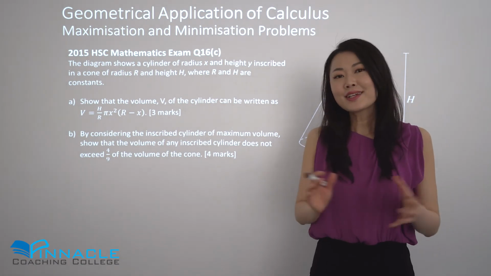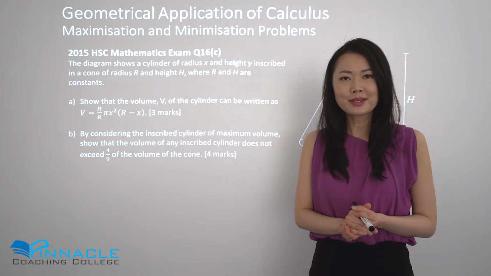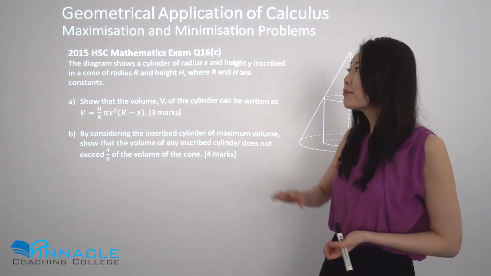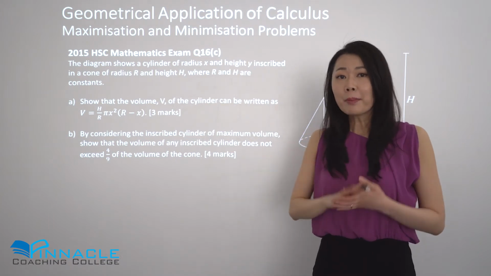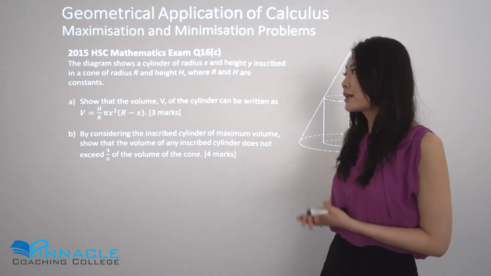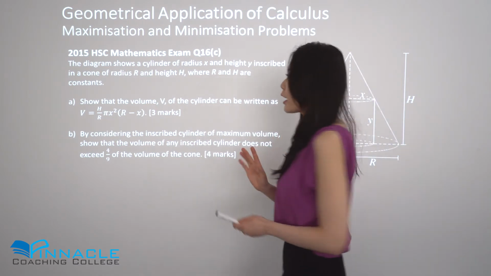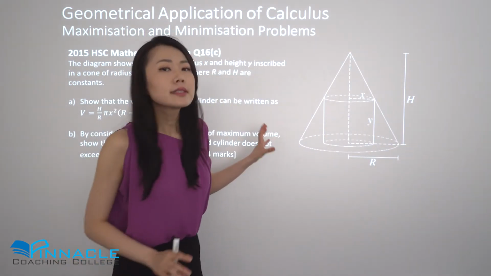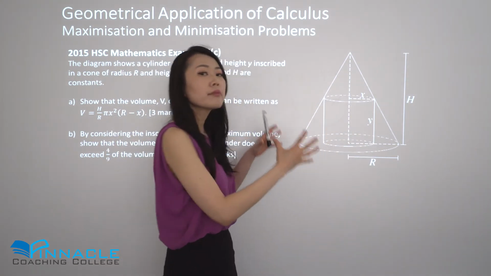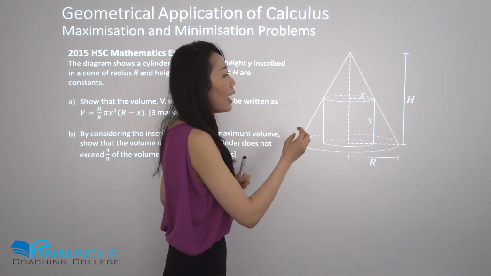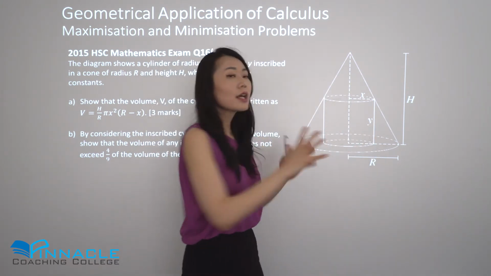Okay, so now that you've understood the basic steps involved in the maximization and minimization problem, let's come back to the HSC question I showed you right at the beginning and apply those steps to this question. Now, before I go into the question, let's have a look at the diagram. So in this diagram, what you have is a cylinder inscribed into a cone. And as we read the question and find out, this cone is actually fixed.